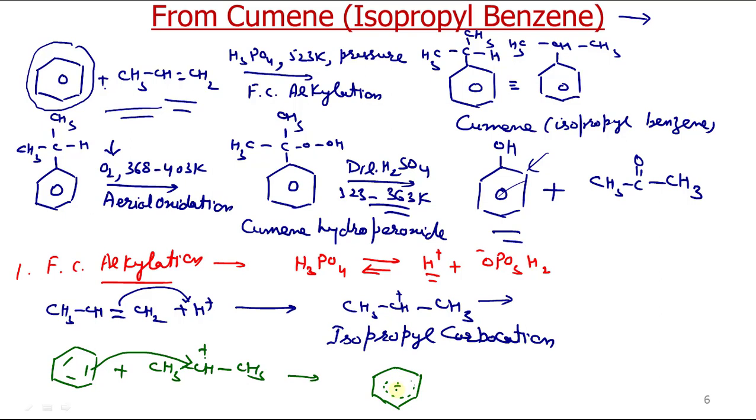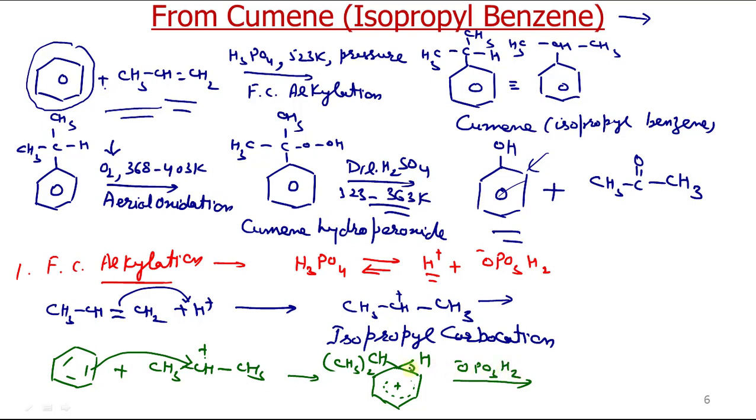So here is the positive charge. Here is your CH3 twice CH, and here is the hydrogen. In the next step, as is usual, to regain aromaticity it will lose this proton. This proton can be abstracted by H2PO4 negative.